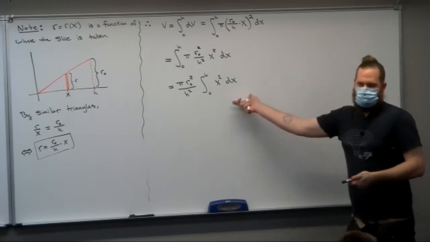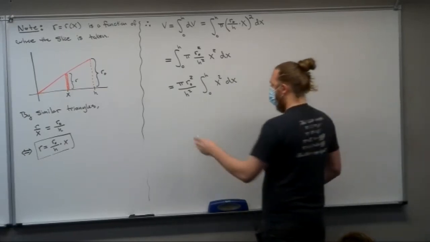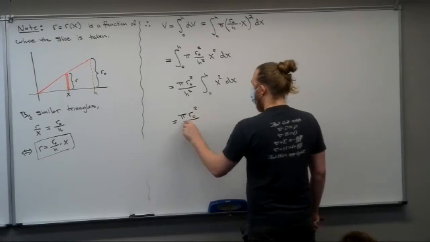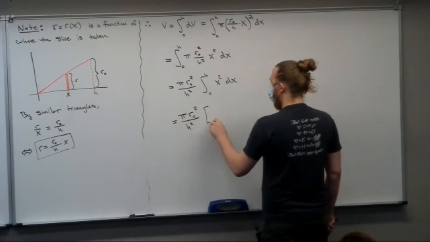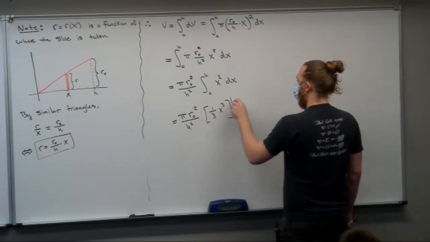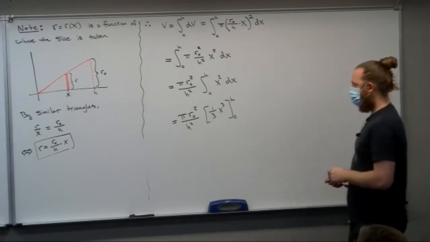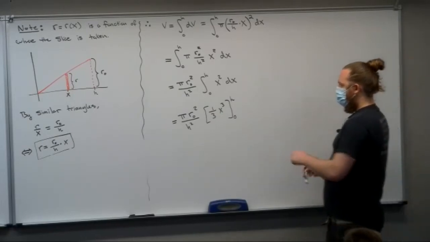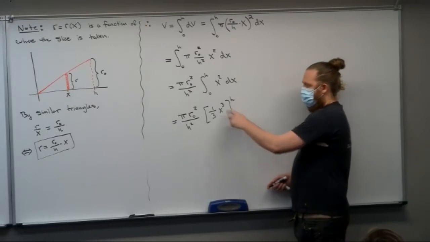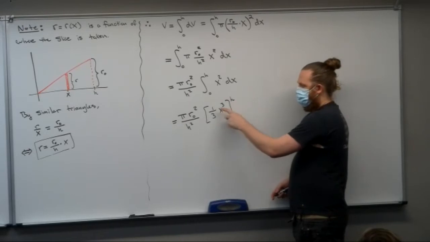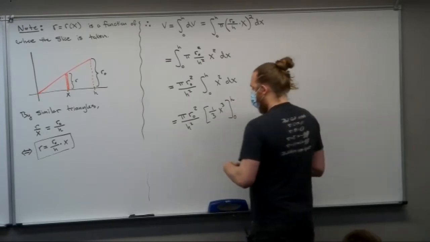And this is no harder an integral. One third x cubed. When you plug in the lower bound 0 here, 1/3 times 0 cubed is 0, so there's no contribution from that. When you plug in the upper bound, this will be 1/3 h cubed.